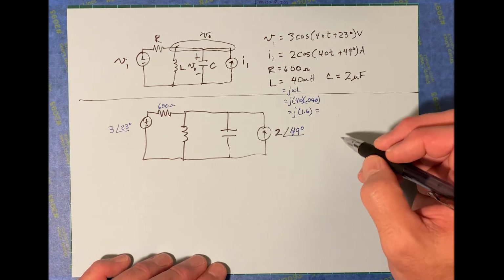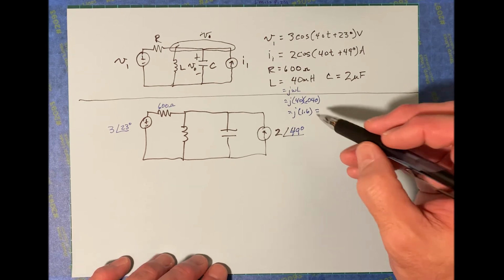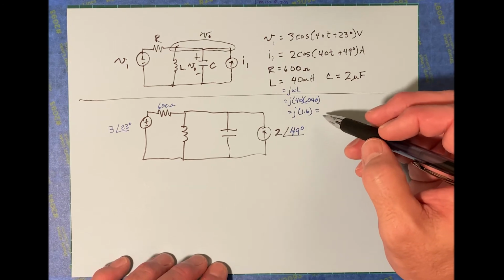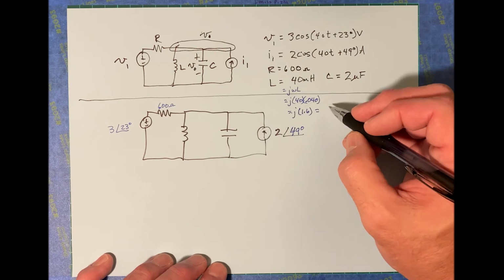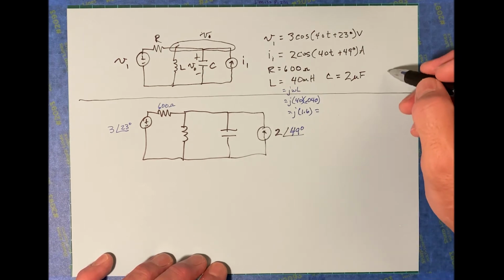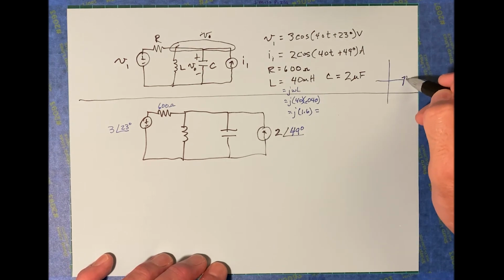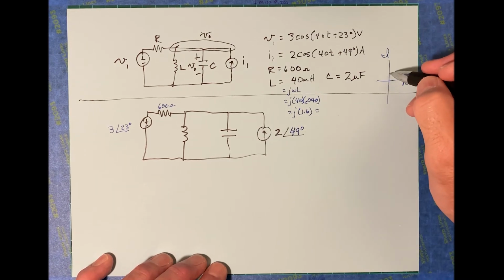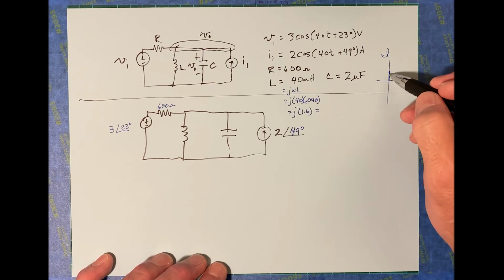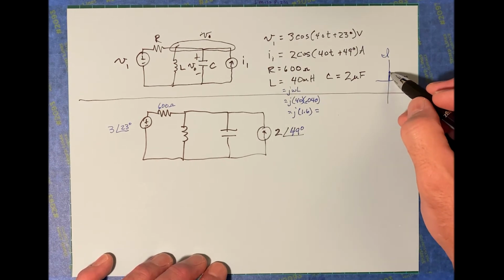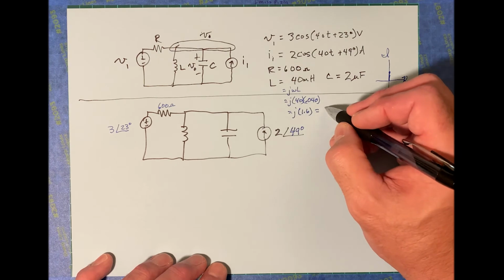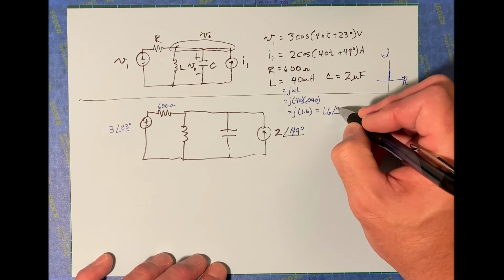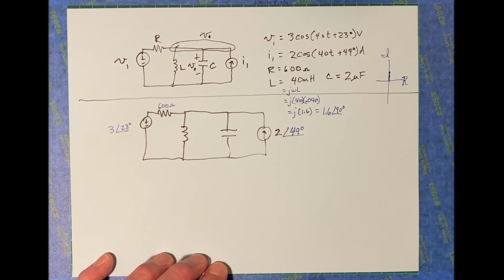If I were to write that in polar format, these are ones that you should be able to do in your head. Keep in mind, you've got the real axis and the imaginary axis. So this is 1.6 up along the imaginary axis. That's what the J tells you. So this is going to be 1.6 angle 90 degrees, like that.